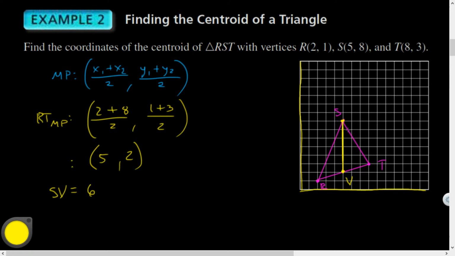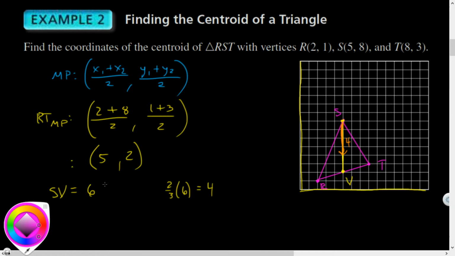And the centroid is going to be how far along on this? 2/3 from the vertex. So let's figure out what 2/3 of 6 is. 6 divided by 3 is 2. 2 times 2 is 4. So from the vertex, I would want to move 4 units down, and that is going to be my centroid.